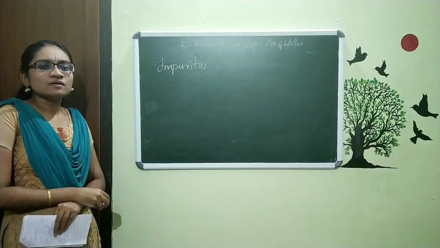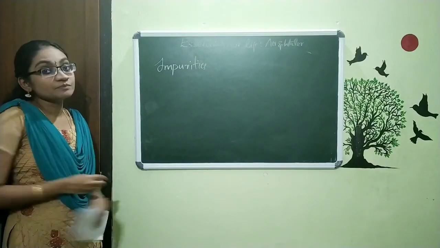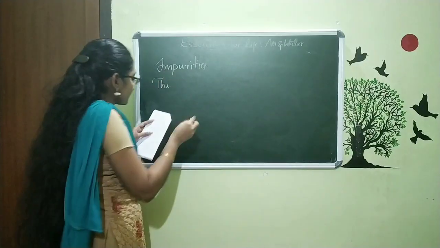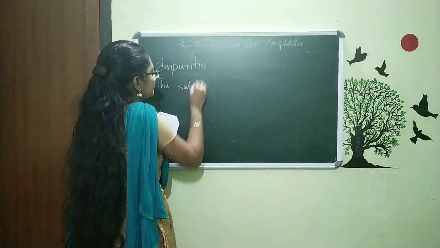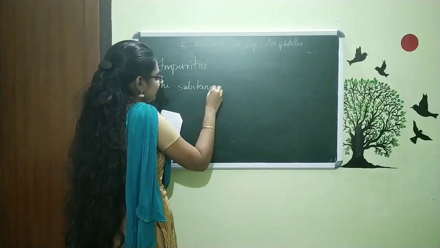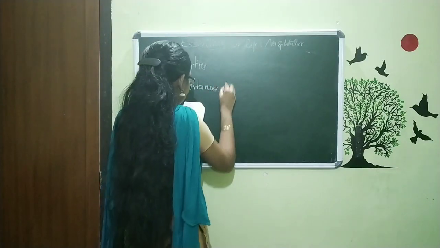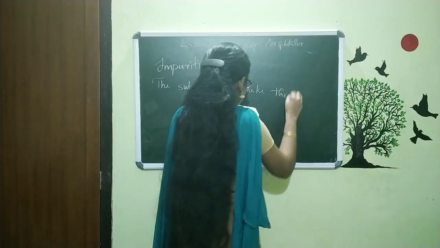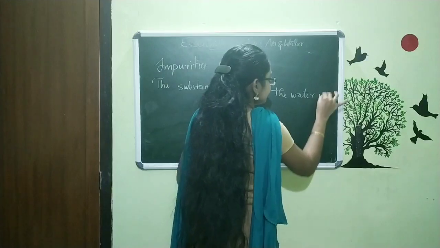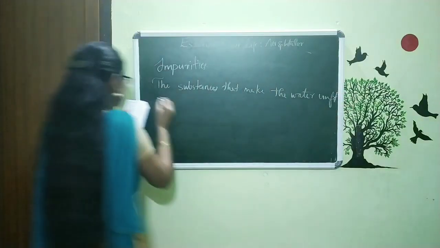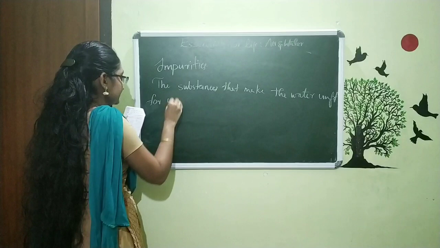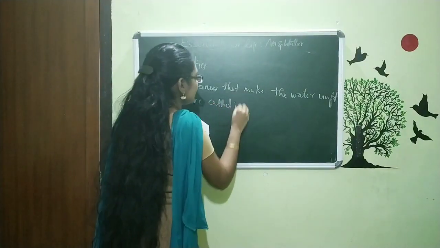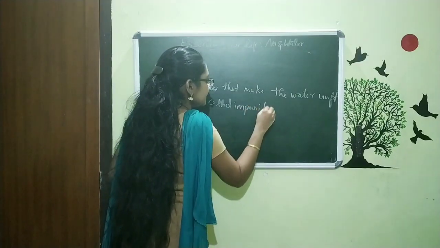So, what is the definition for these impurities? The definition is this: the substances that make the water unfit for use are called impurities.